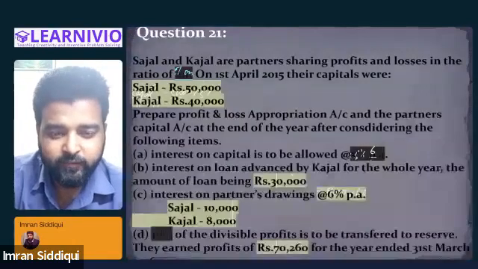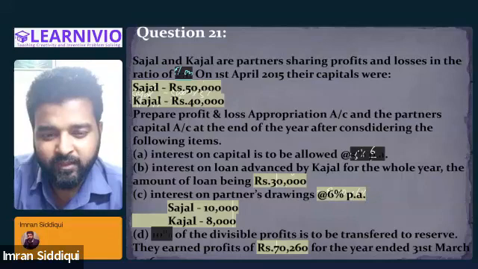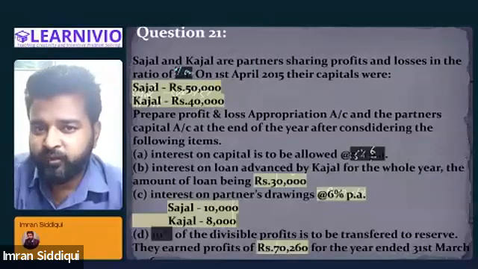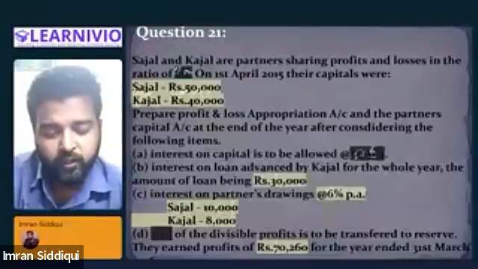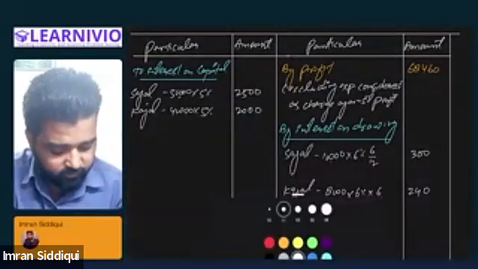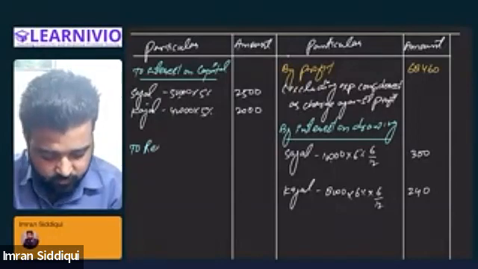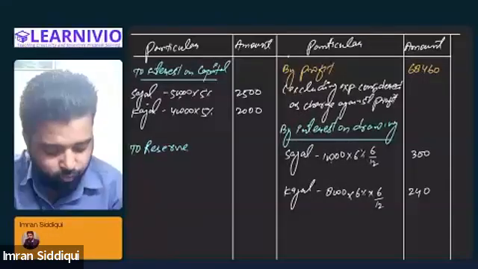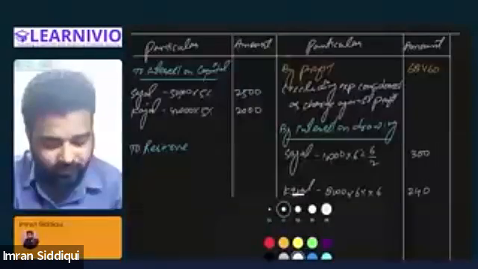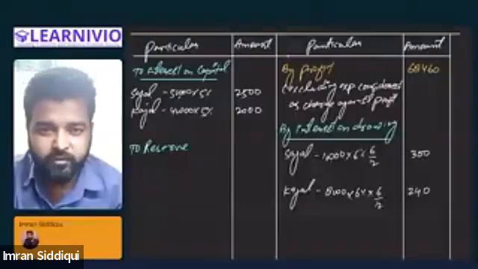Apart from interest on drawing, we don't have any other thing left in the question. But adjustment D says one more thing. It says that out of the divisible profit, we have to make a 10% reserve. So for that purpose, we'll first have to determine the divisible profit, and whatever divisible profit we get, we'll make the 10% reserve. But what amount will be transferred to the reserve account can only be determined once we determine the divisible profit.